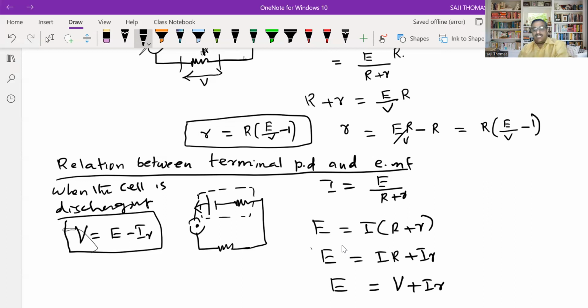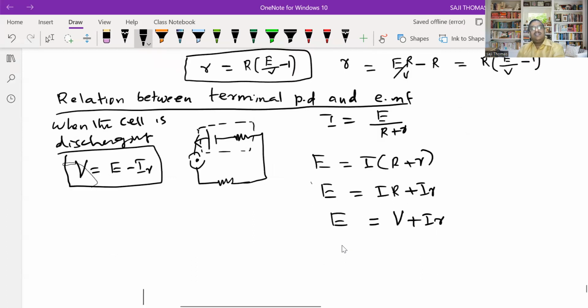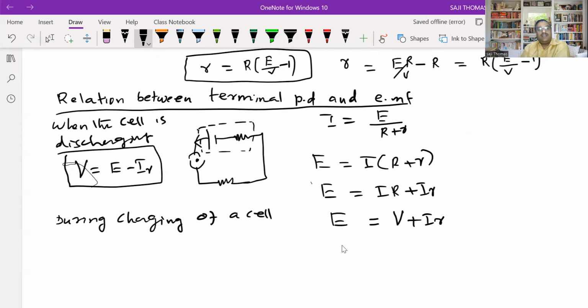And if the cell is charging, what will be the relation? When a cell is charged by using another cell, the current moves into the cell, so the current direction will be negative. Here you have the cell with internal resistance and external resistance.